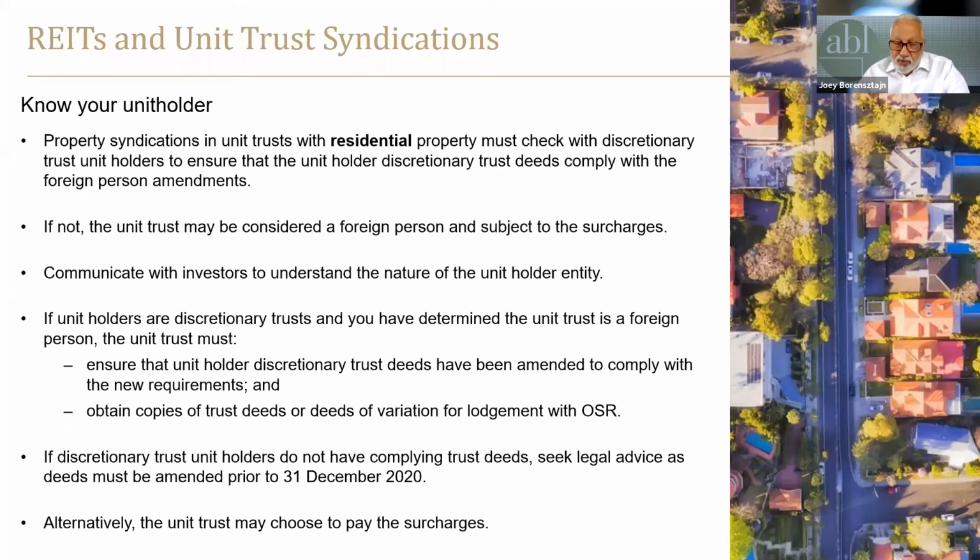I'll provide more detail of that later on. If the discretionary trust unit holders do not have complying trust deeds or don't respond, then you really need to seek legal advice, as the deeds must be amended prior to 31 December. Alternatively, if that's all too hard, the unit trust can simply choose to pay the stamp duty and/or the land tax surcharge.